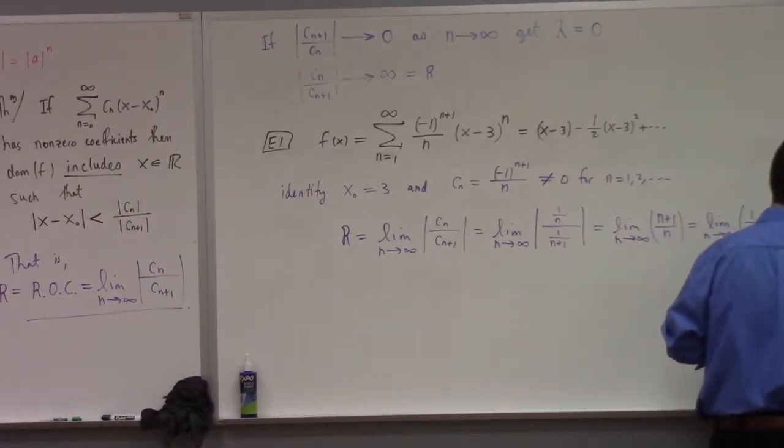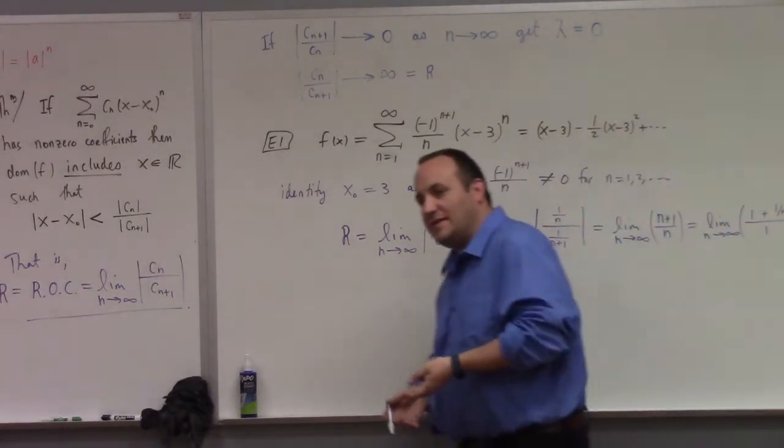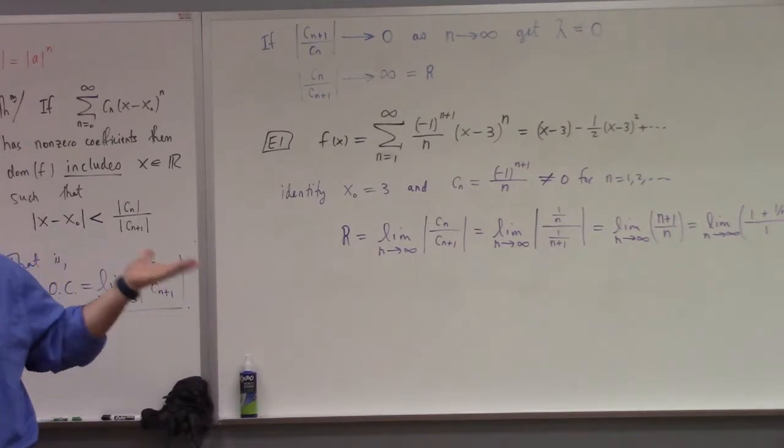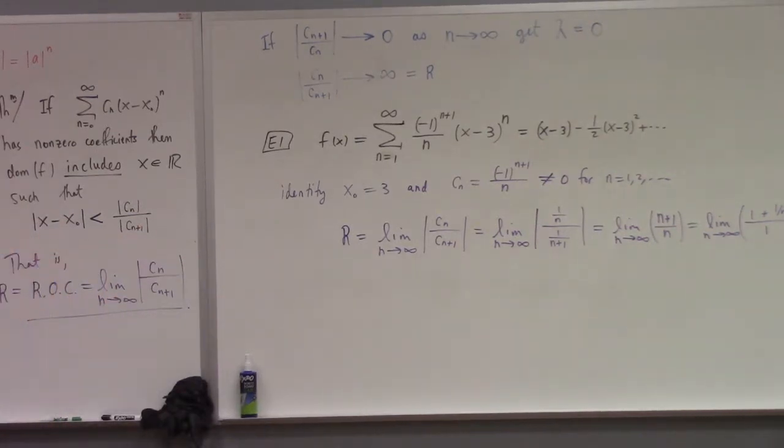I think you should be able to show the details, but I'm happy to give you license not to in the context of this problem because there are bigger fish to fry. So the radius of convergence here is 1.